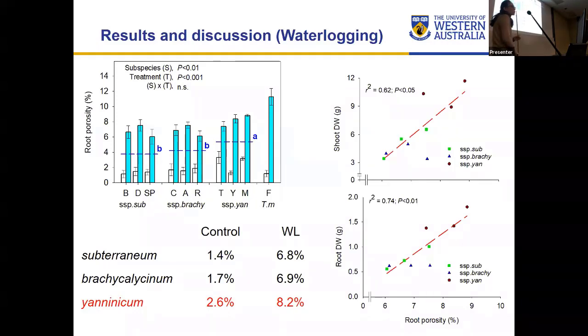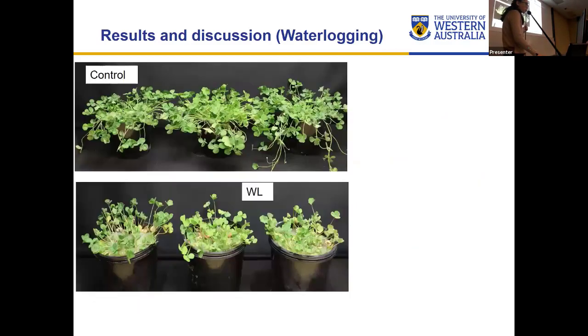We also considered that the increased root porosity contributes to waterlogging tolerance, as root porosity had a high positive correlation with both shoot dry weight and shoot relative growth rate.